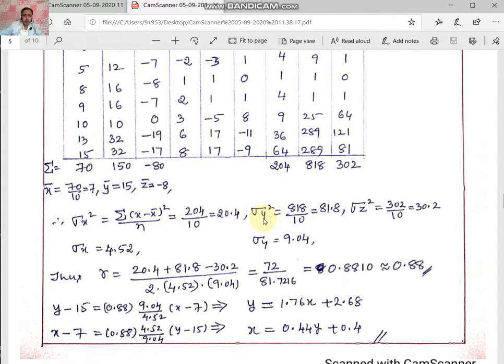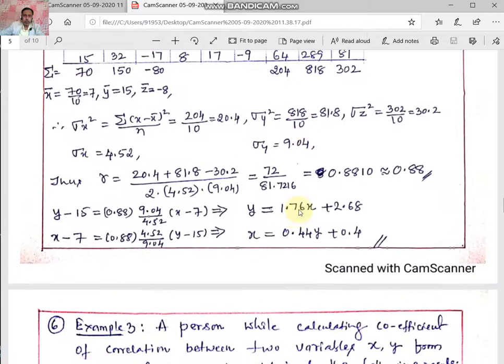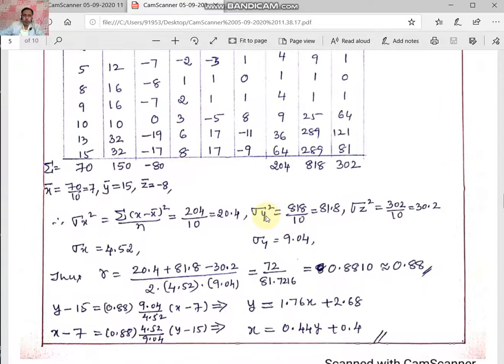Similarly, sigma y square is defined as sum of (y minus y bar) whole square divided by n, that is 818 by 10, which is 81.8. Sigma z square, the variance of z, is sum of (z minus z bar) whole square by 10, which is 30.2. Correspondingly, the standard deviations are sigma x 4.52 and sigma y 9.04.